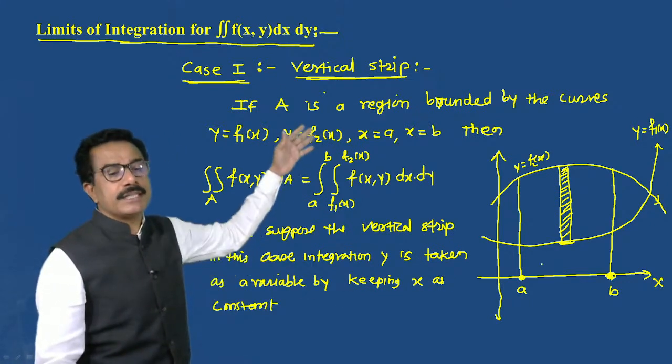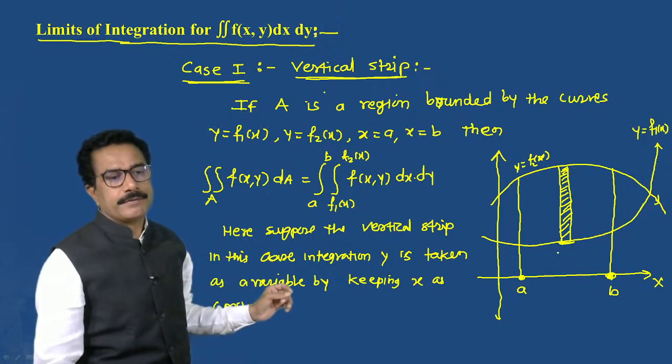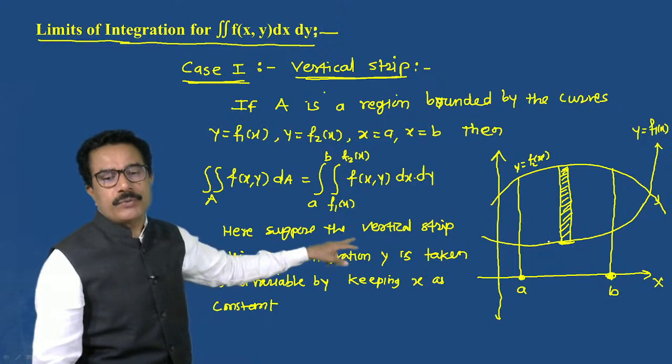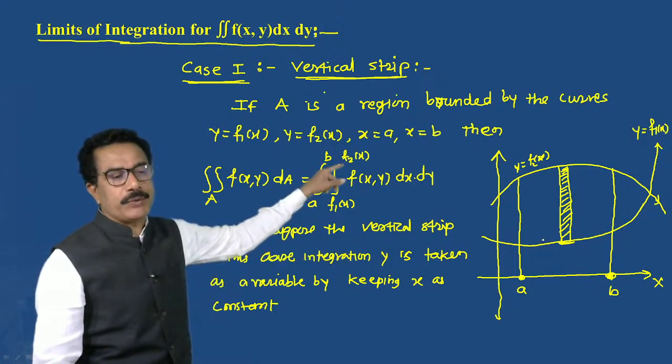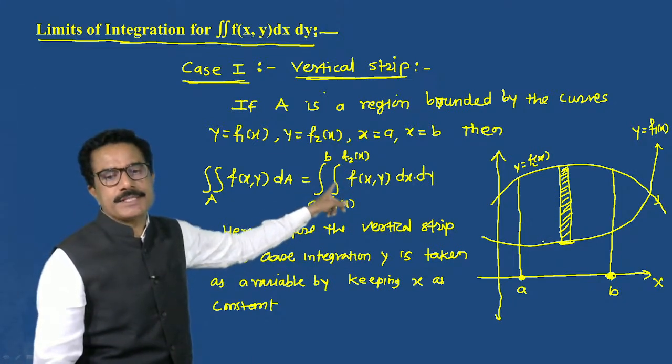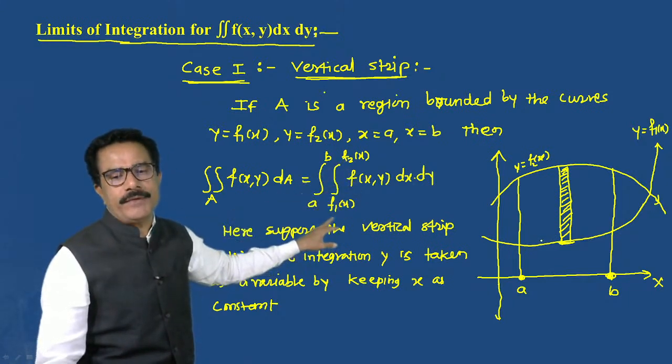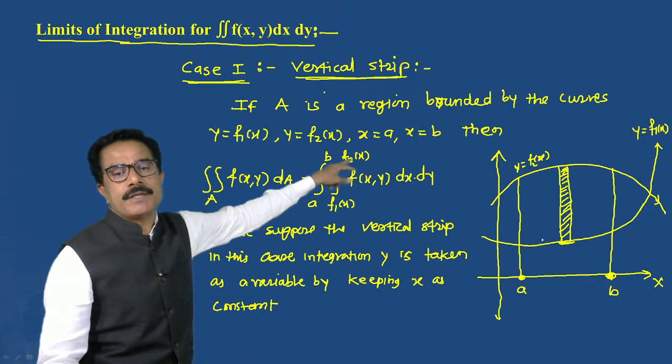Means if we consider the vertical strip, then in this case first of all we have to take the integration with respect to y. That means the second integration, whose lower limit is in terms of x and whose upper limit is in terms of x.